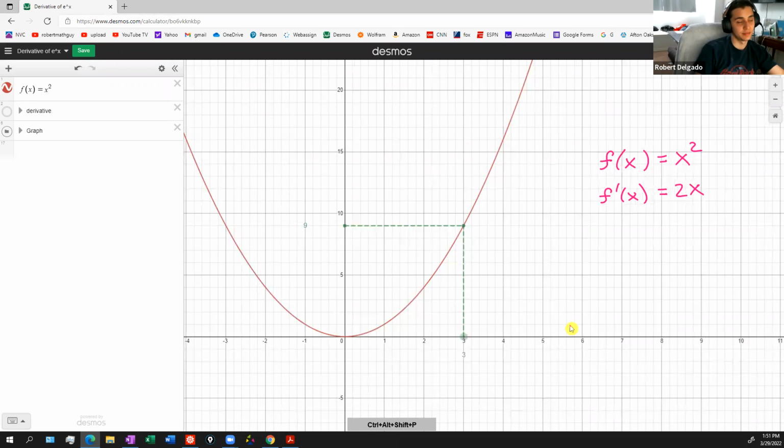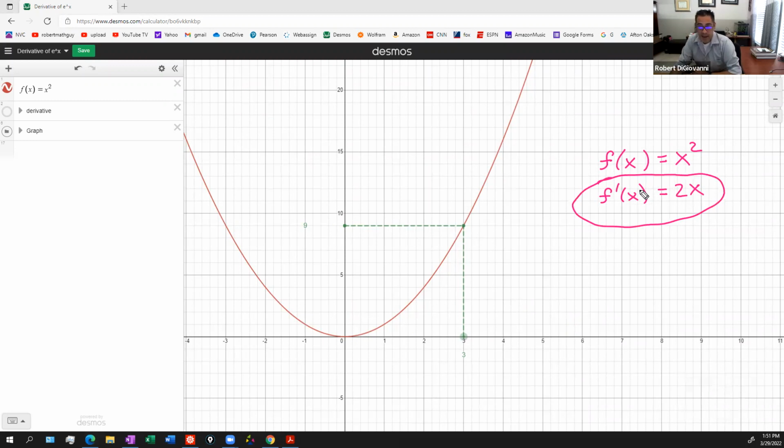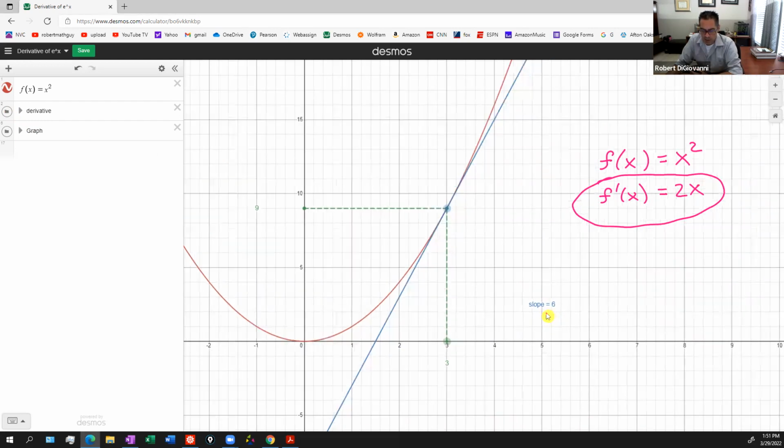Why is it 6? Because 2x is the derivative, so just plug in the x value. At 3, the answer is 6, right? In other words, the slope of this tangent line is 6. I'm sorry that's so small.